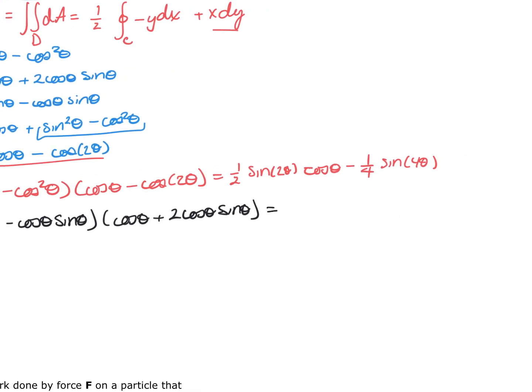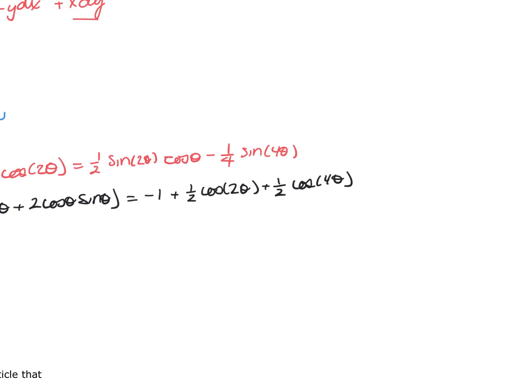What this is going to be equal to is -1 plus 1/2 the cosine of 2 theta plus 1/2 the cosine of 4 theta plus 1/2 the sine of 2 theta and then the sine of theta.